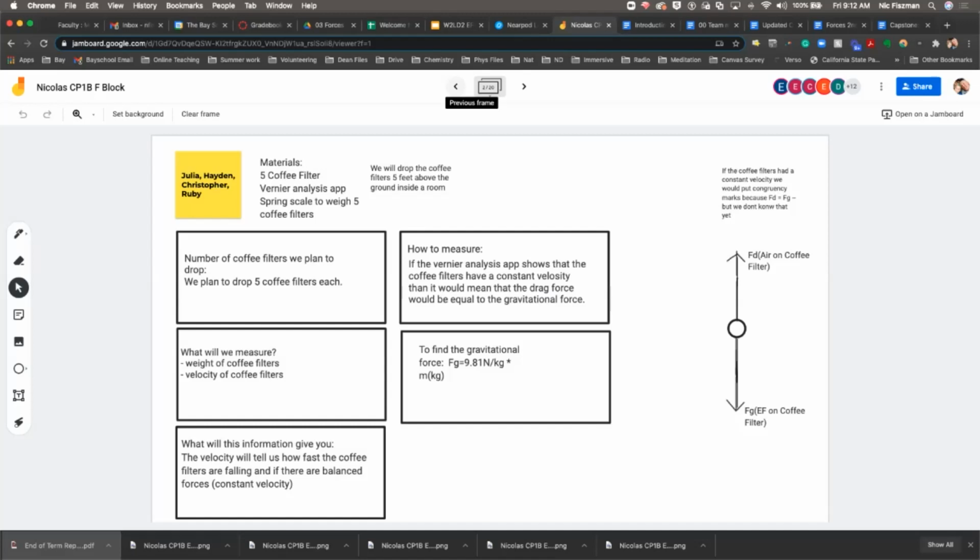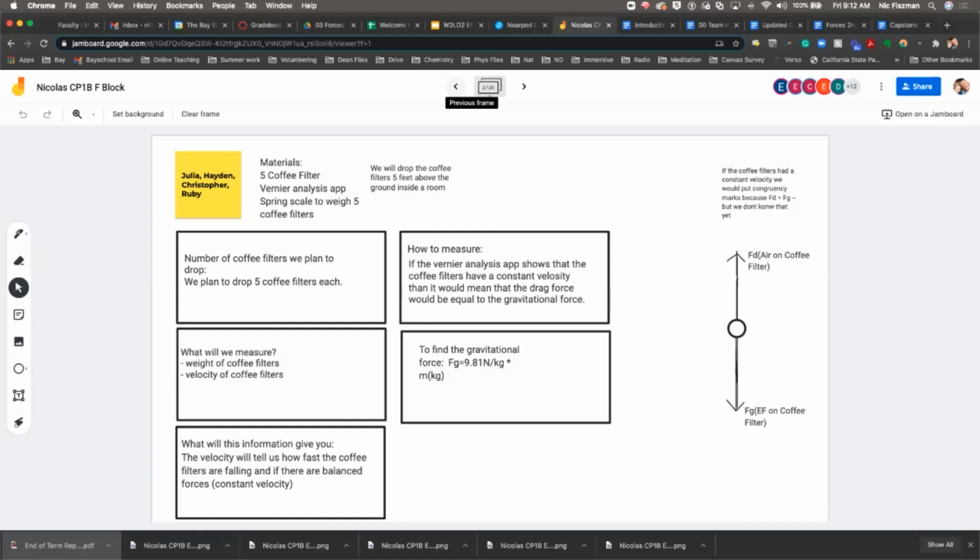Okay, we're going to measure the weight of the coffee filters and the velocity of the coffee filters. And this information will give us, the velocity will tell us how fast the coffee filters are falling and if there are balanced forces or constant velocity.